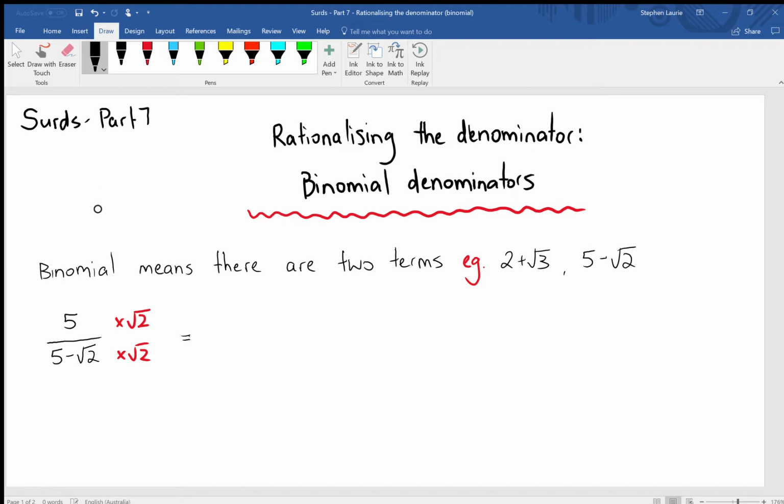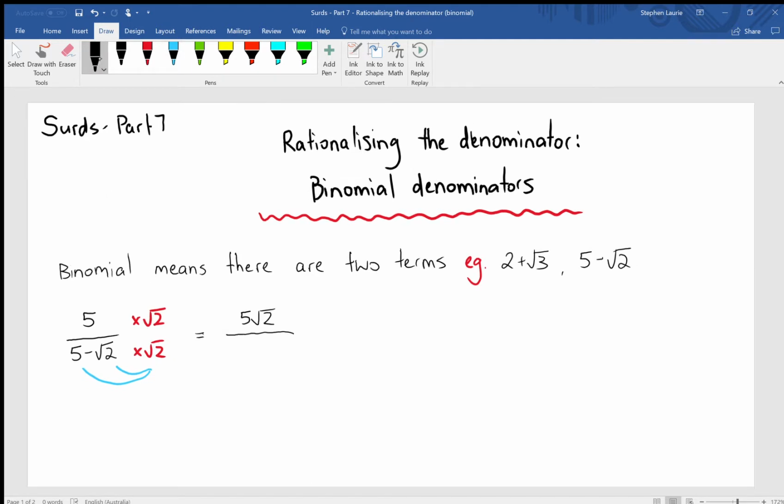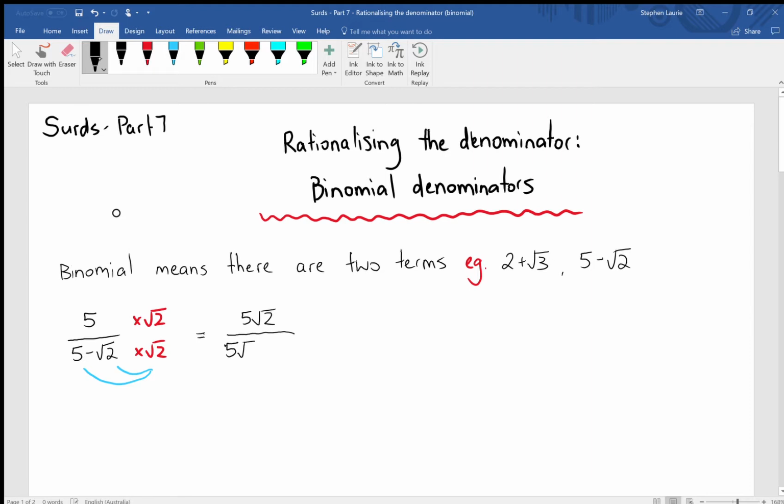On the top, we have 5 root 2, and on the bottom, this root 2 has to be multiplied by both terms. So 5 root 2, and then root 2 times negative root 2, well, that's just minus 2.